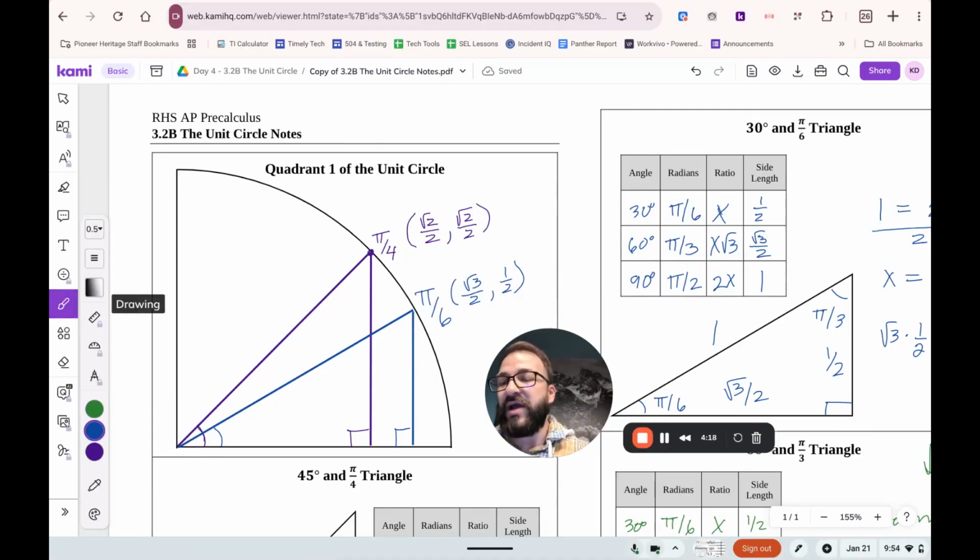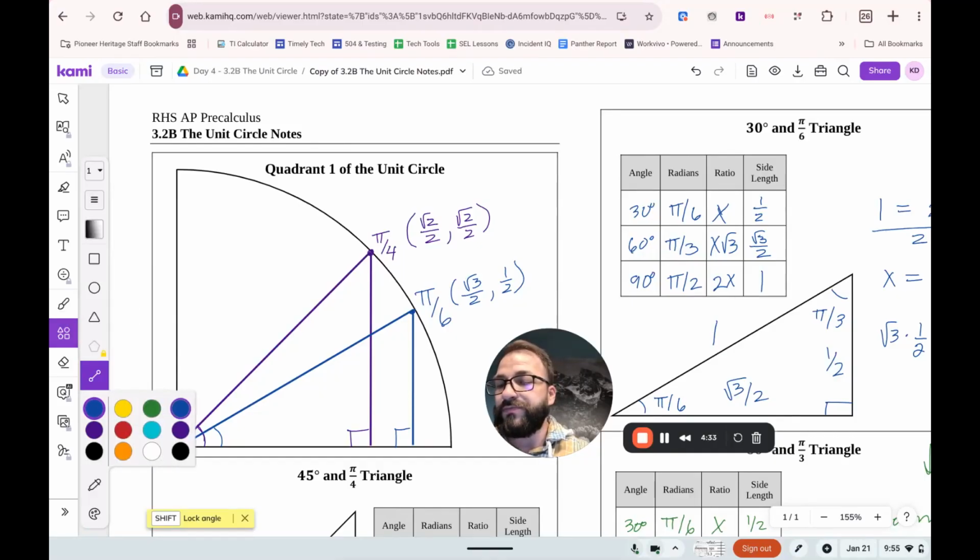And then the very last triangle that we're going to do is that same triangle, but remember I told you to label it with the other measures on the back. So we're going to reflect it over so that now the pi over 3 angle measure is in the corner.